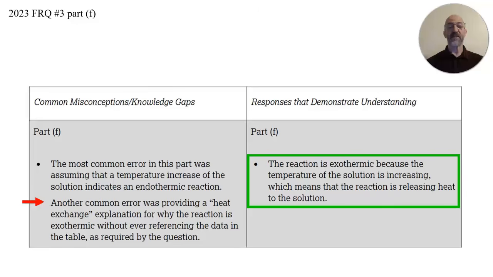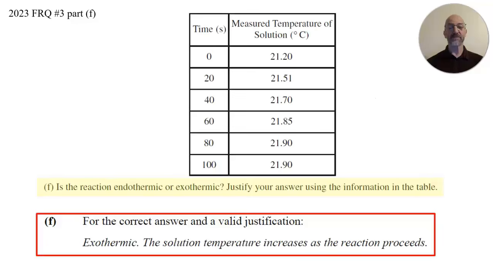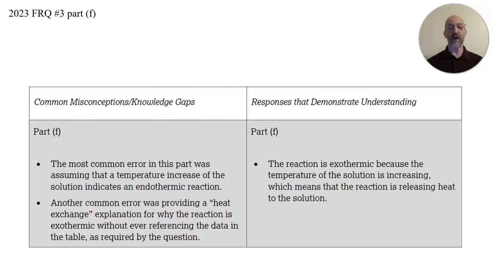So in other words, the student might have said it's exothermic because heat is released or heat is being transferred from the system to the surroundings, but as it mentions, justify your answer using the information in the table. If you see that on the AP Chemistry exam, then that's what they're looking for in your response.